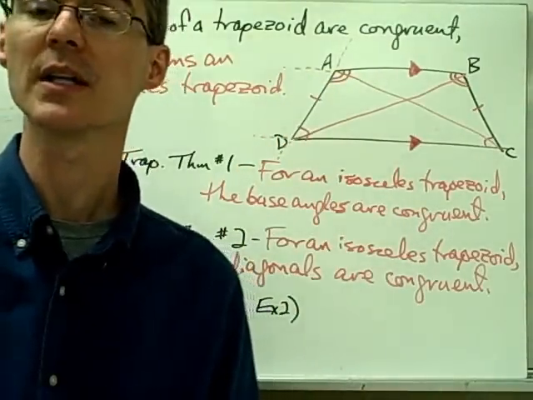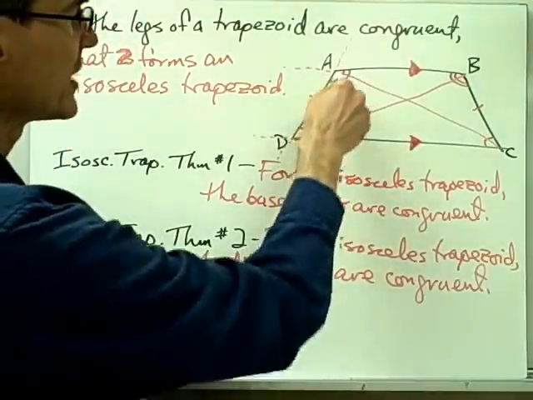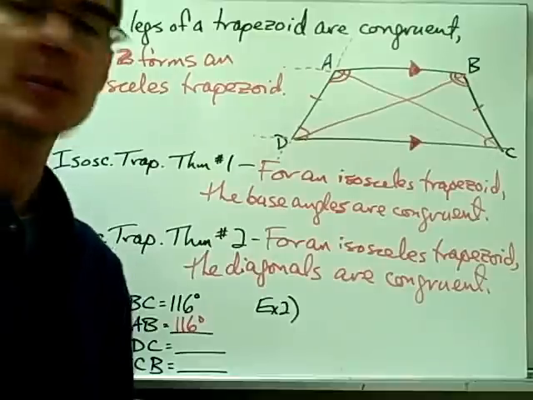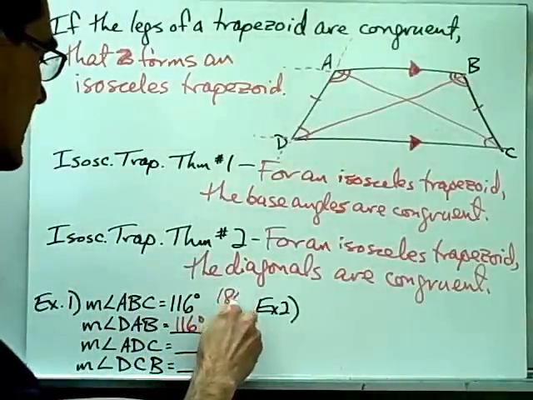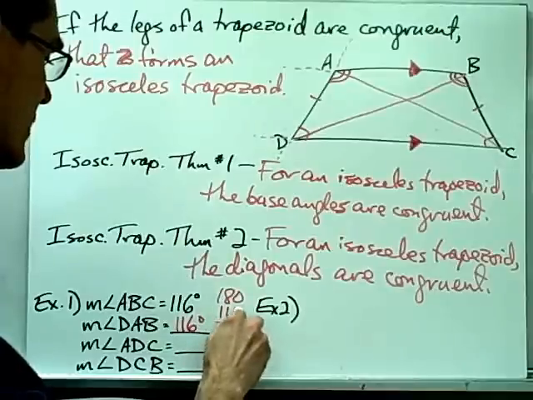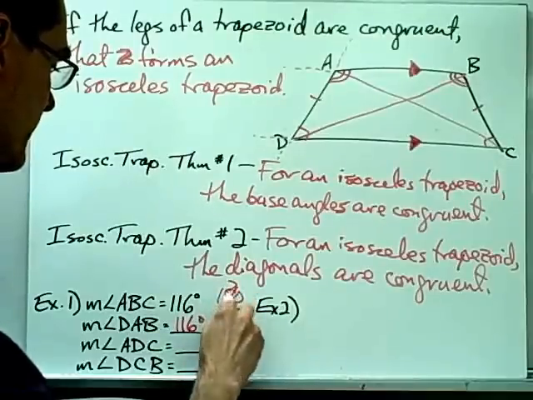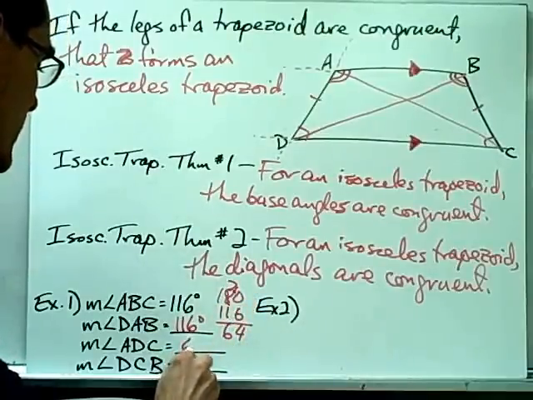And I know that if two parallel lines are cut by a transversal, same side interior angles are going to be supplementary. Therefore, this value must be 180 minus 116, which is 64 degrees.